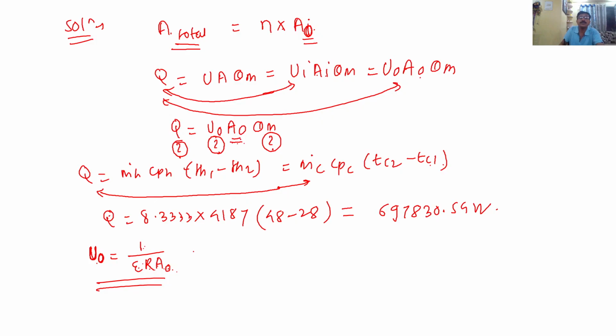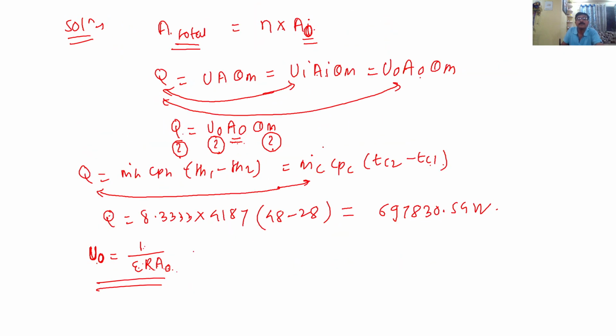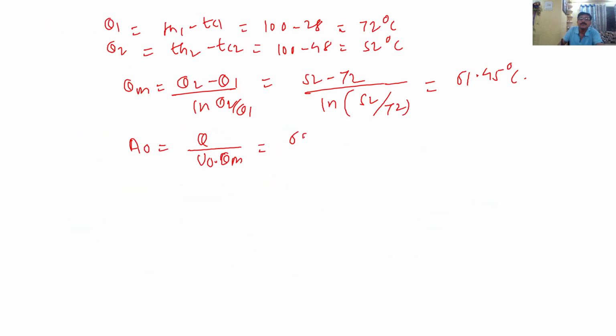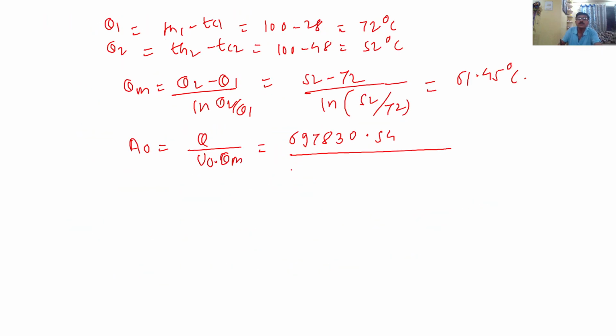Now I will get the answer of A0. What is A0? Q upon U0 theta m. So what is the value of Q? Q I got as 697830.54, divided by U0. How much is it? 1962.32.